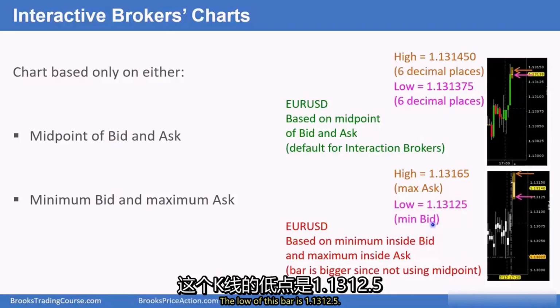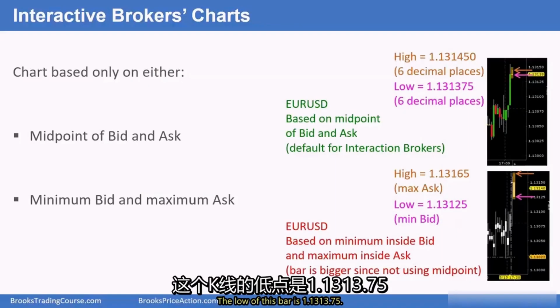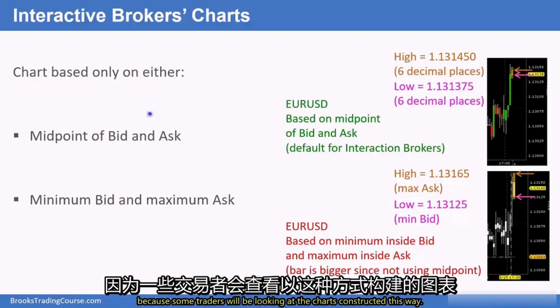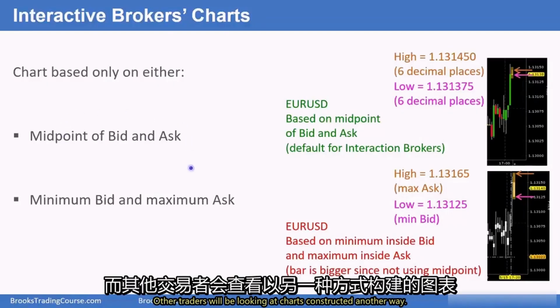The low of this bar is 1.1312.5. The low of this bar is 1.1375. The charts are not going to be exact, even with one broker, because some traders will be looking at the charts constructed this way. Other traders will be looking at charts constructed another way.